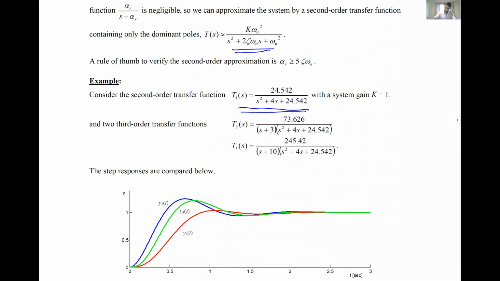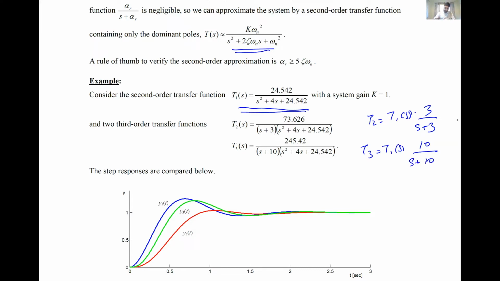For T2, we have just multiplied T1 times 3 over s plus 3, and T3 is T1 times 10 over s plus 10.